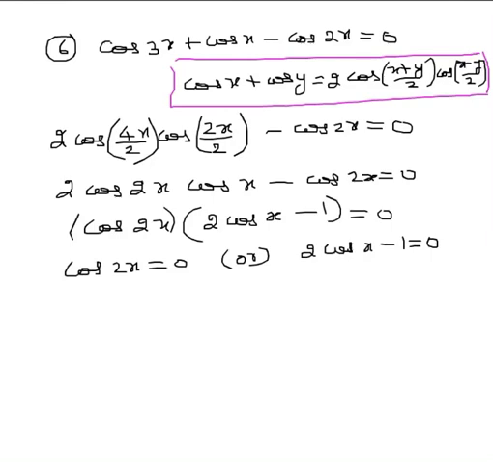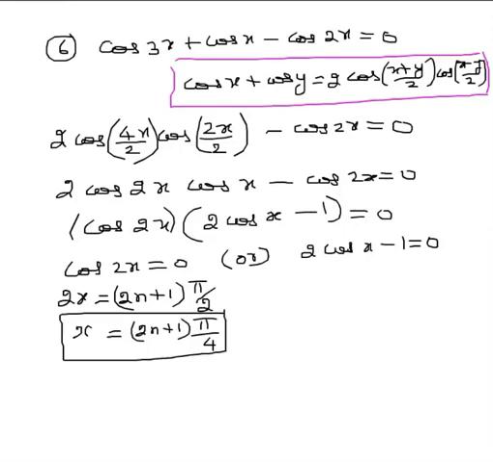Here we have to use cos x is equal to 0 solution. So 2x is odd multiple of pi by 2 is the answer. We have to find x. X is equal to 2n plus 1 times pi by 4. And here let us solve this.